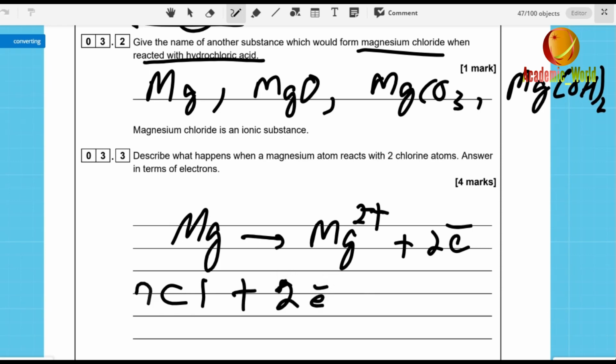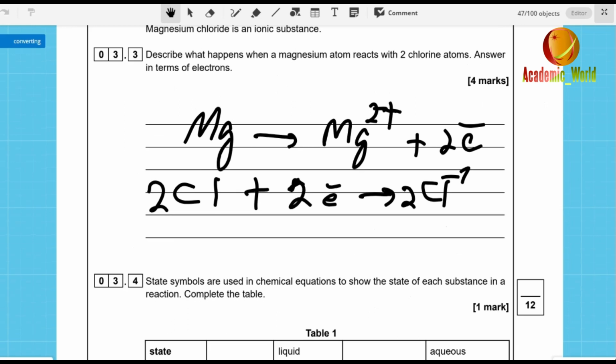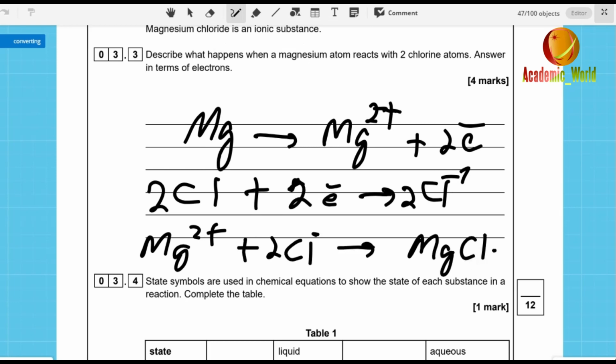As a whole, 2 chlorine atoms gain the 2 electrons to make chloride ions. At the end, Mg 2 positive plus 2 chloride ions make MgCl2.